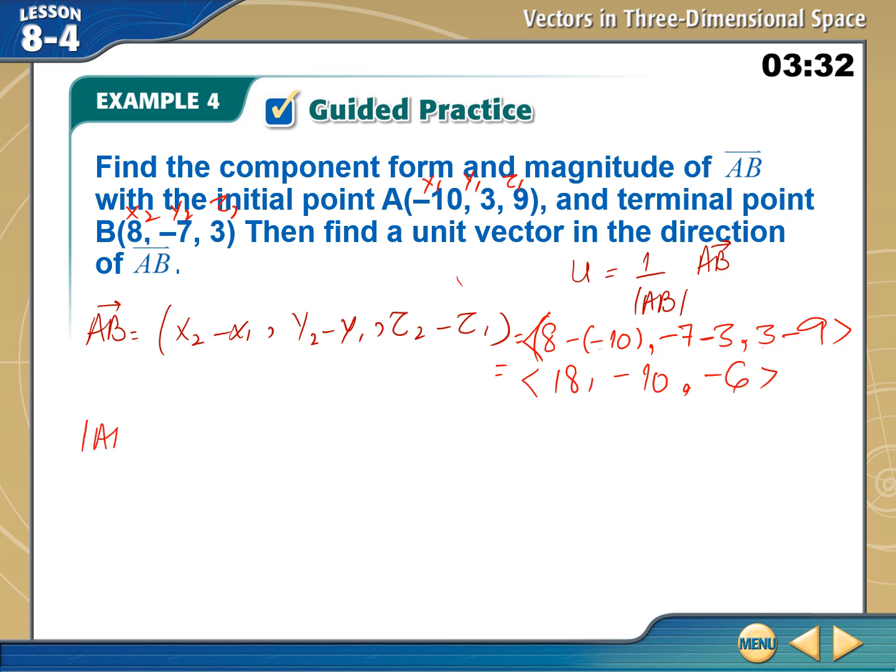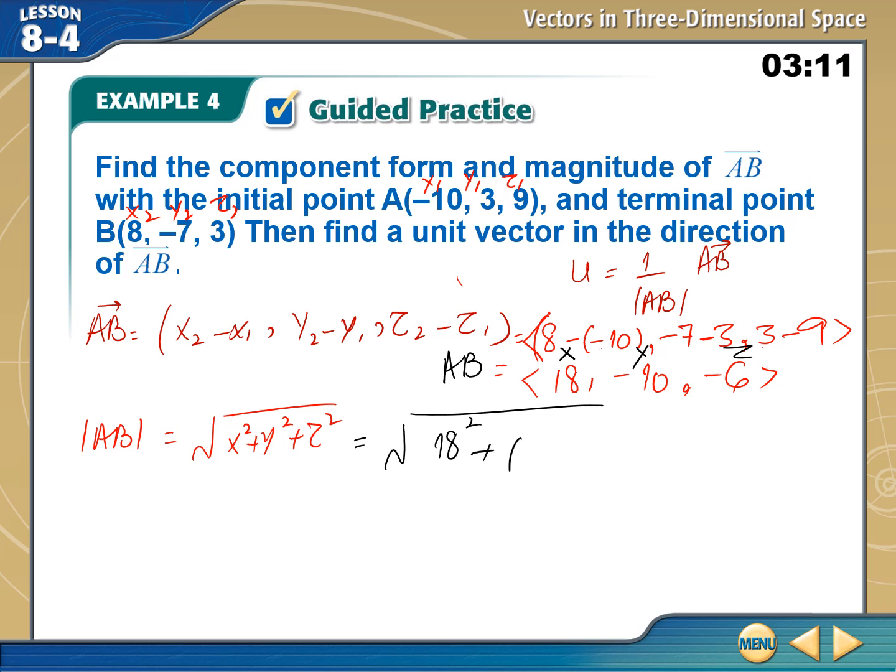Now find the magnitude of the vector AB. The formula is the square root of x square plus y square plus z square. Now the components of the vector AB will be named as x, y and z. So replace the x, y and z by 18, negative 10 and negative 6. Remember, when you are dealing with a negative sign, don't forget to put the brackets and put the square at the end, outside the bracket.